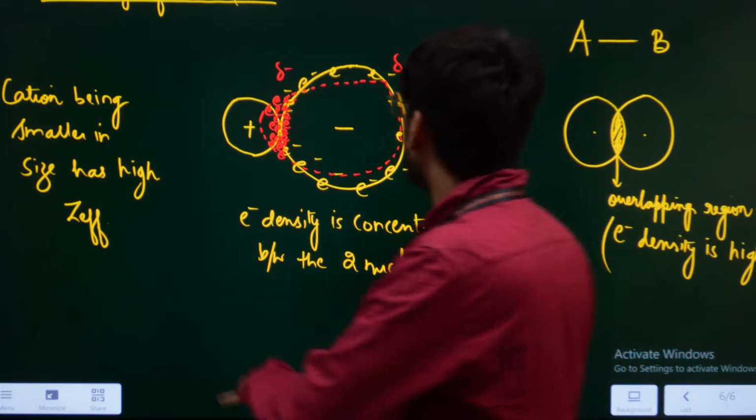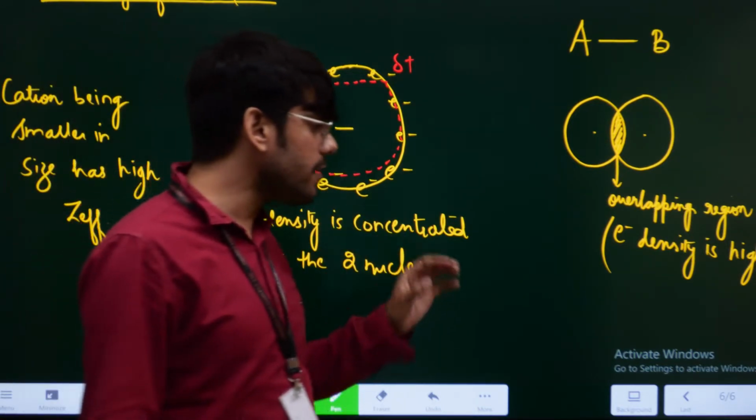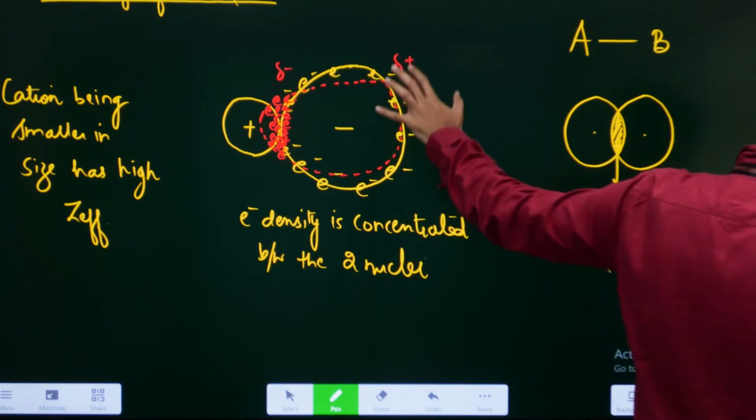So can I say that a covalent character has developed in an ionic bond?